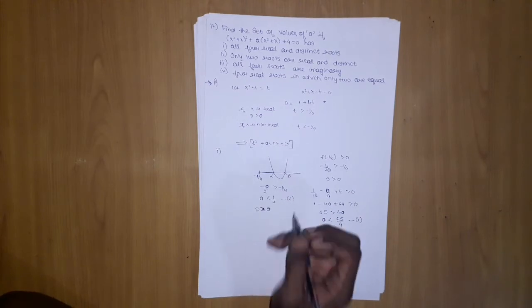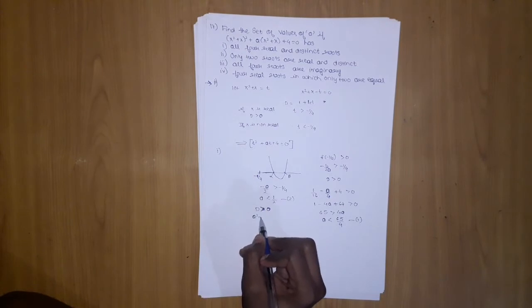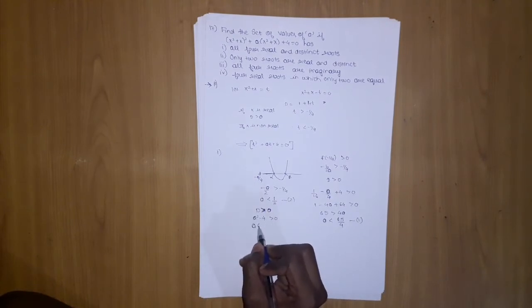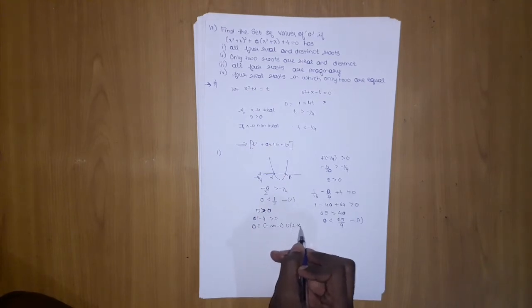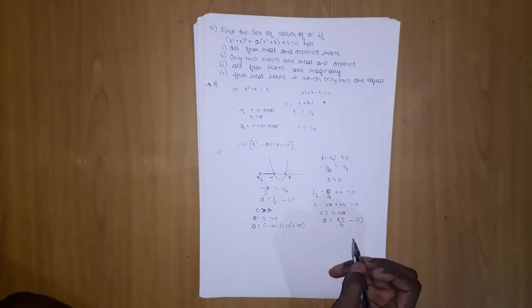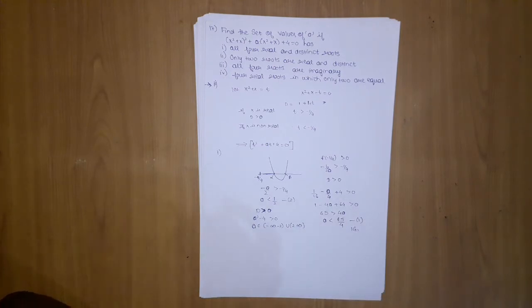This is the second. Now we are doing the third, which is a square minus 4 greater than 0, which gives a belongs to minus infinity to minus 2 union 2 to infinity. Now the first says a should be less than 1 by 2, the other says a should be less than 65 by 4, which is 16 point something.